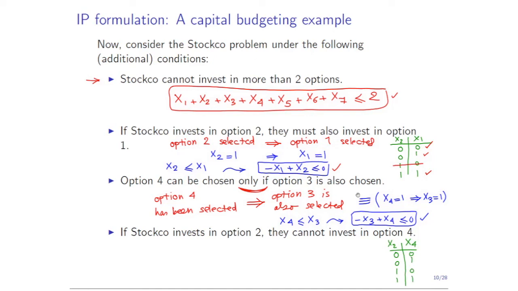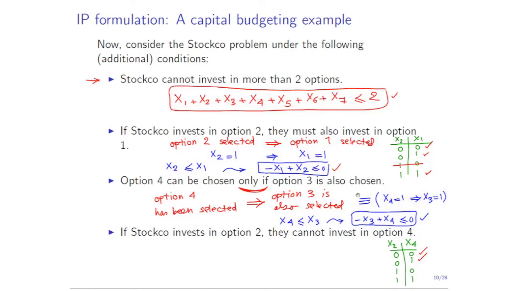Let's see which of these conditions are possible and which are not allowed. Since the condition starts with investing in option 2, there will be no problem with no investment in option 2, so no consequence about option 4.